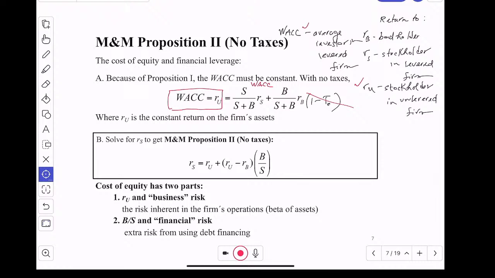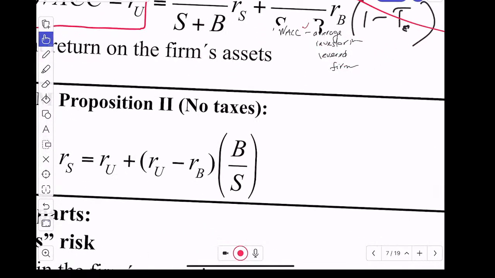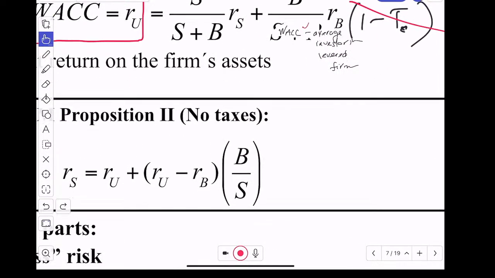I'm going to equate the unlevered firm stockholders' return with the WACC, which is basically what I did here, but I'm going to rearrange it. So what do you see? I'm going to make it bigger. Let me do that again.